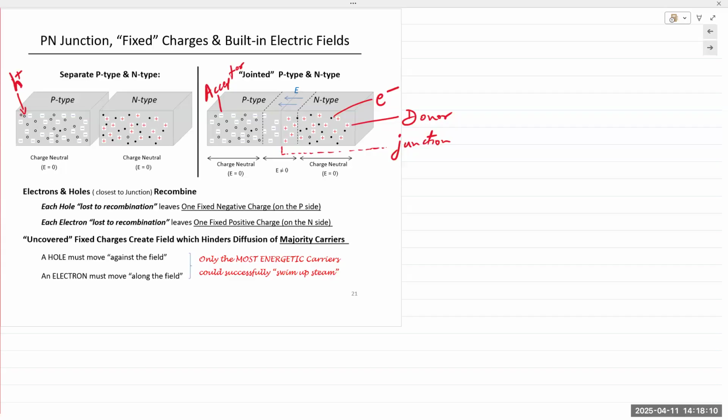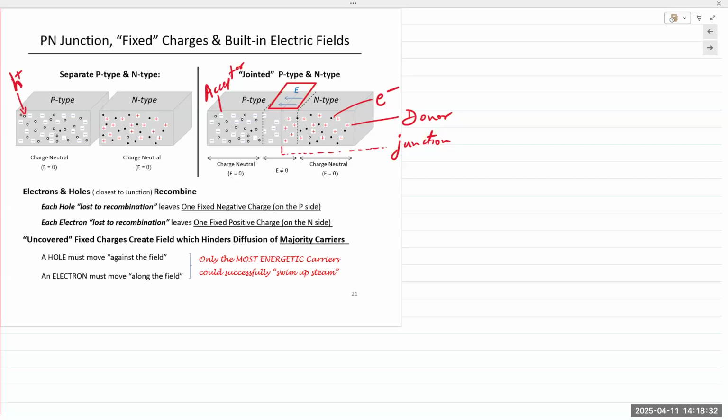And this electric field, which is noted right here, is going from right to left, from the N side to the P side, right? It always goes from high to low. Positive ions on the N side, negative ions on the P side.